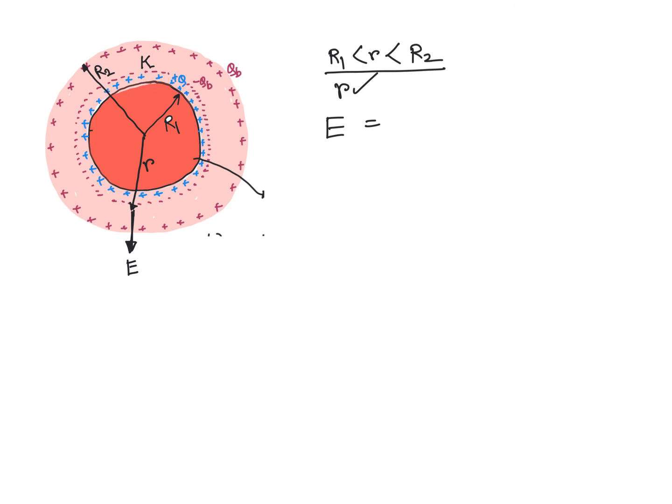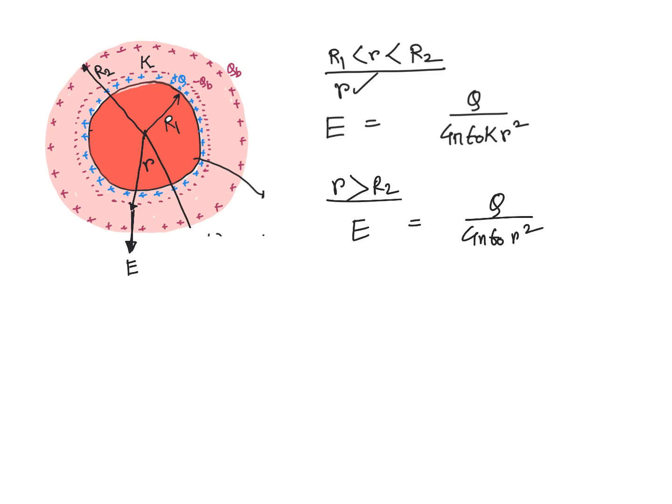In vacuum it would be Q by 4 pi epsilon naught r square. Now it's just 1 by K times that. Now if r is greater than r2, then what is the field? Simply it is Q by 4 pi epsilon naught r square.